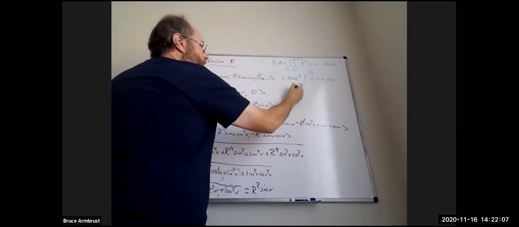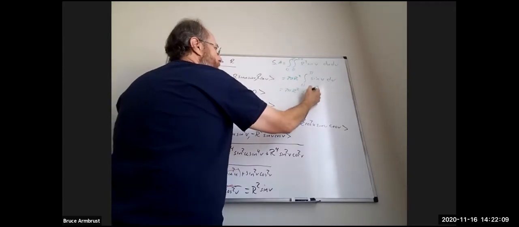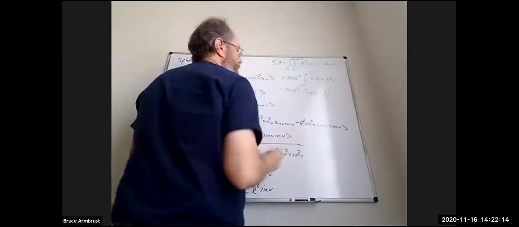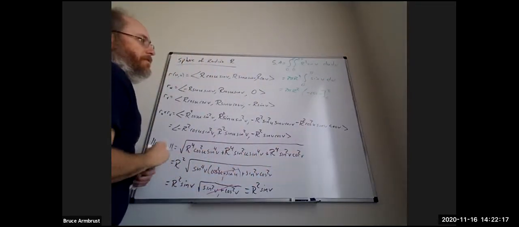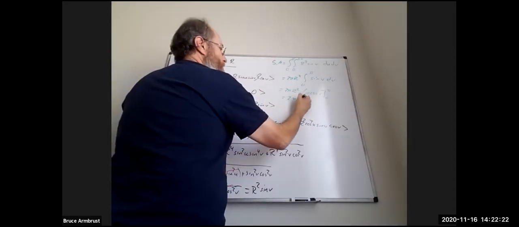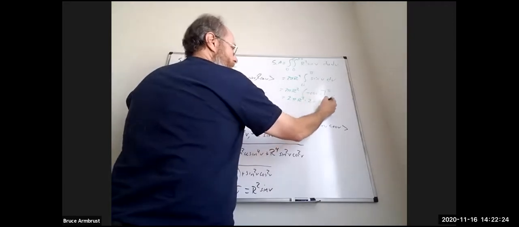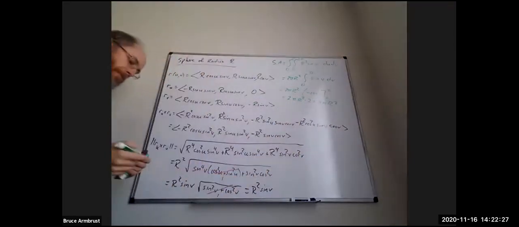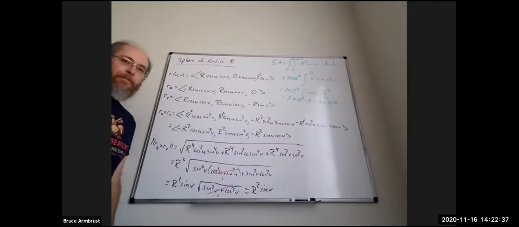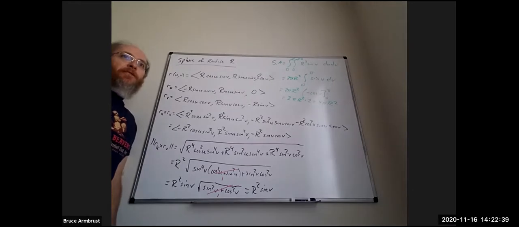Well, sine of v gives us a minus cosine of v to evaluate at pi and 0, which actually gives us another 2. And there you go. There is the surface area of a sphere. It's 4 pi r squared. So yet another way to prove the surface area of the sphere.